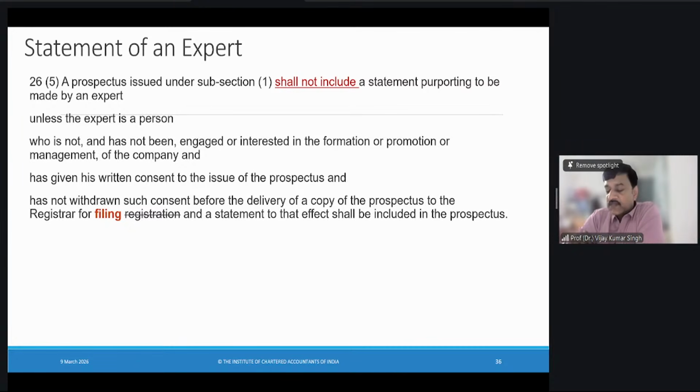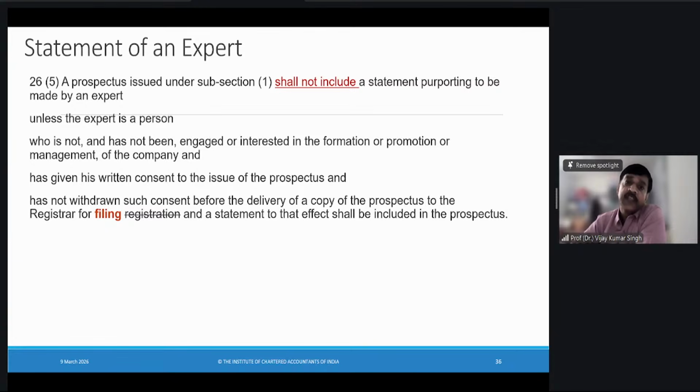There is also a clause which talks about the statement of an expert. So section 26 subclause 5 says that in a prospectus, many a time you utilize the statement of an expert. Say, for example, you are coming up with a real estate project, or a railway project, or any other kind of project, maybe a new pharmaceutical drug product.